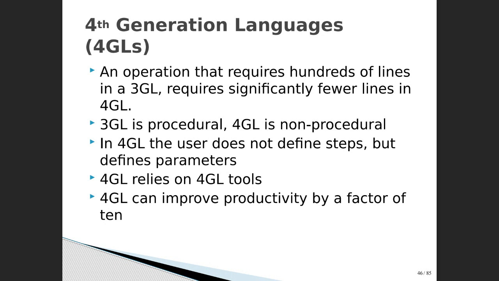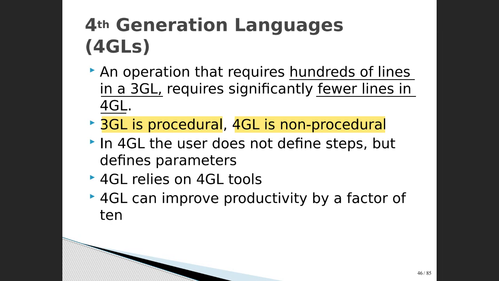See here, it's mentioned that third generation language is procedural and fourth generation language is non-procedural. Procedural requires hundreds of lines, but fewer lines are needed with the non-procedural. So I have summarized this in that table. See here, third generation language will be hundreds of lines, fewer lines in fourth generation language.